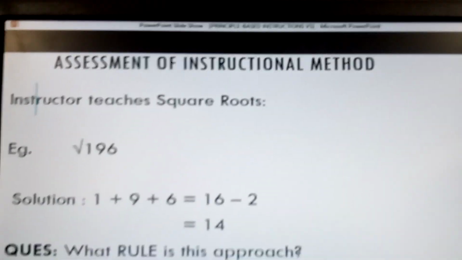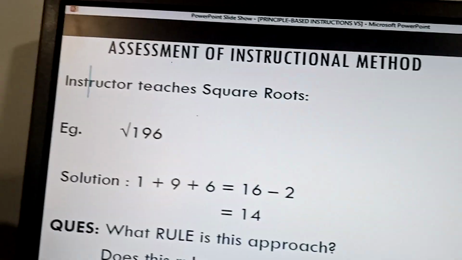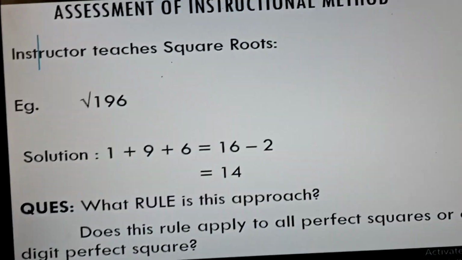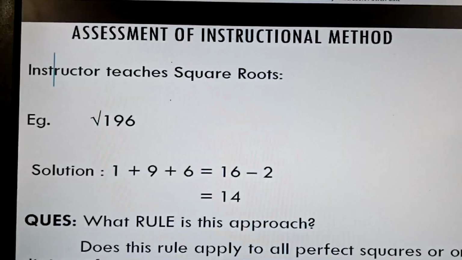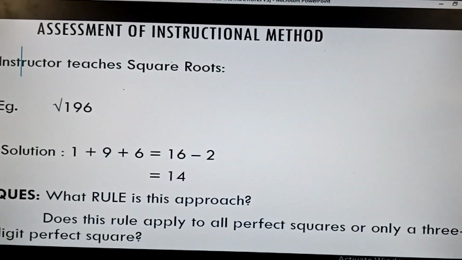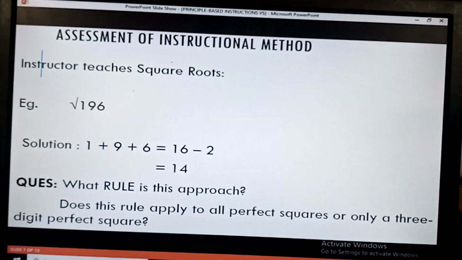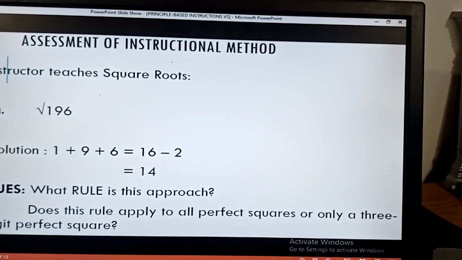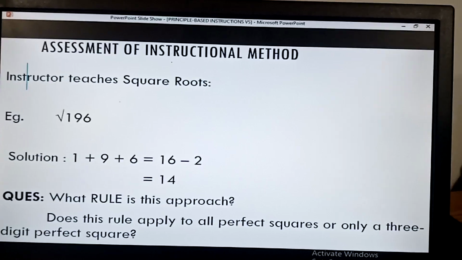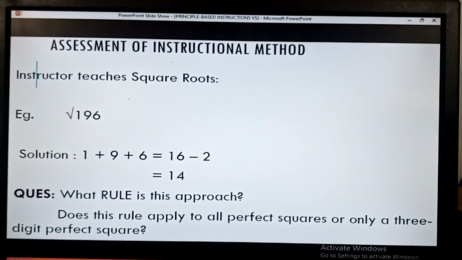All right, so you have heard the teacher teaching squares, and he used what is called a cut corner approach to teach squares to the students.